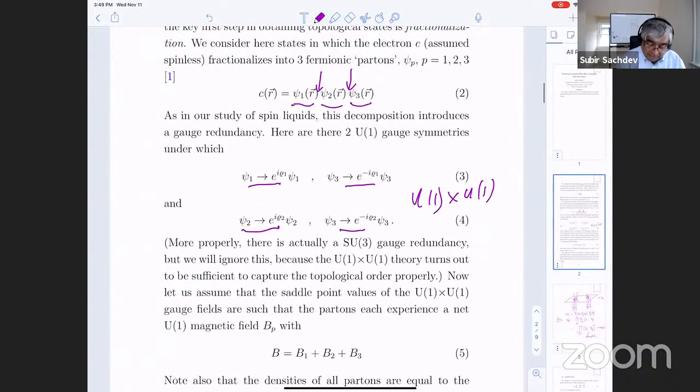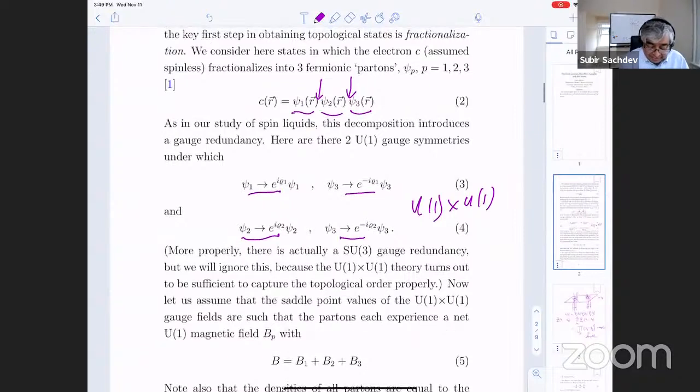Now, first of all, you can see already from here, if there's an internal magnetic field on psi 1, the internal field on psi 3 is equal and opposite. If there's an internal field on psi 2, the internal field on psi 3 is equal and opposite. So these internal magnetic fields are not going to change the sum of the gauge field.